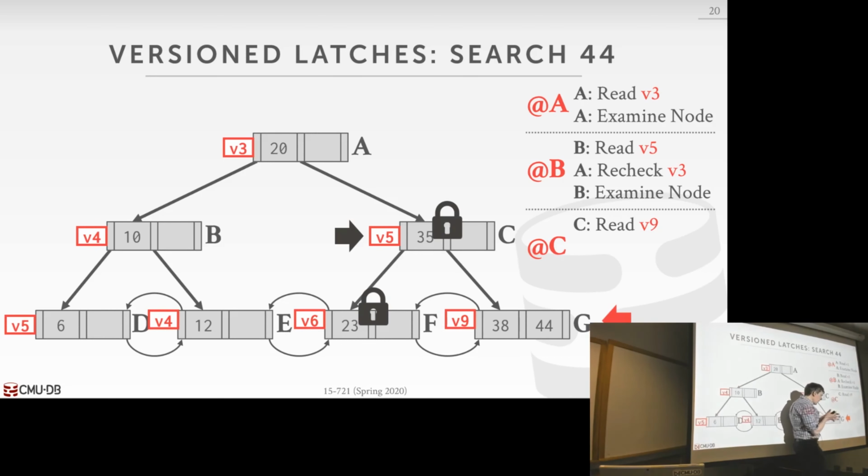Could it be the case that in the memory representation of the node, I update the key list but not the pointer list? Yeah. Actually, I think the readers do get blocked on the write latch. I take that back. They have to be, because otherwise you would have this problem. Yeah, but the writers don't block on the readers. That's the difference.